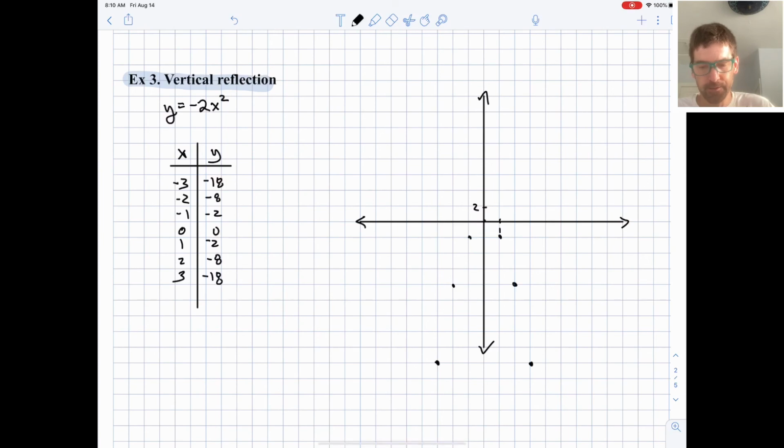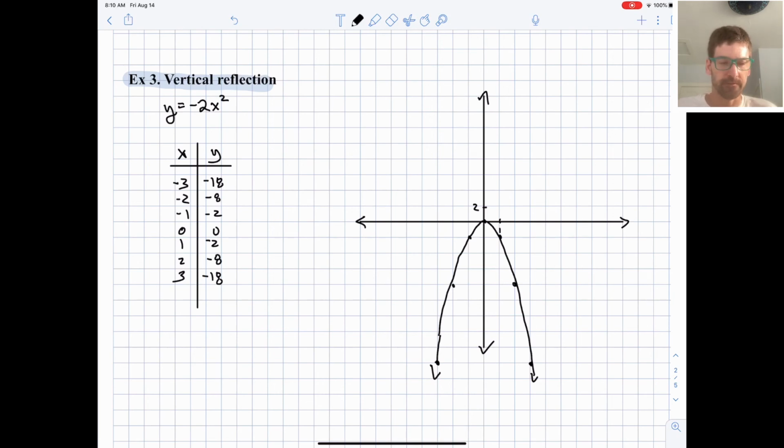Ones go down 2, and then we have the 0, 0. Okay, so again, a flipped parabola because we multiplied by a negative, so this one opens downward, and it's been vertically stretched as well. That's called a vertical reflection.